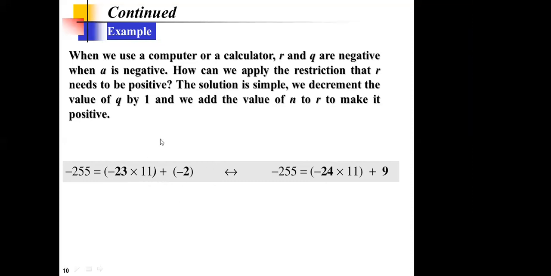But I cannot use this remainder minus 2. Instead, I can use 24 here, not 23, so that my remainder becomes a positive or non-negative quantity. Is it clear?